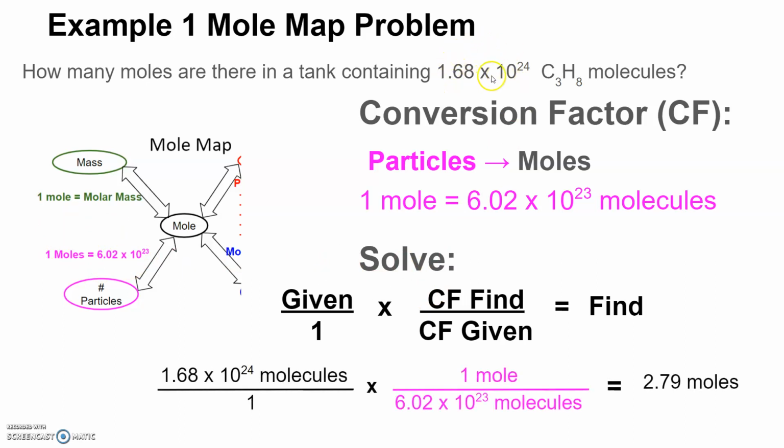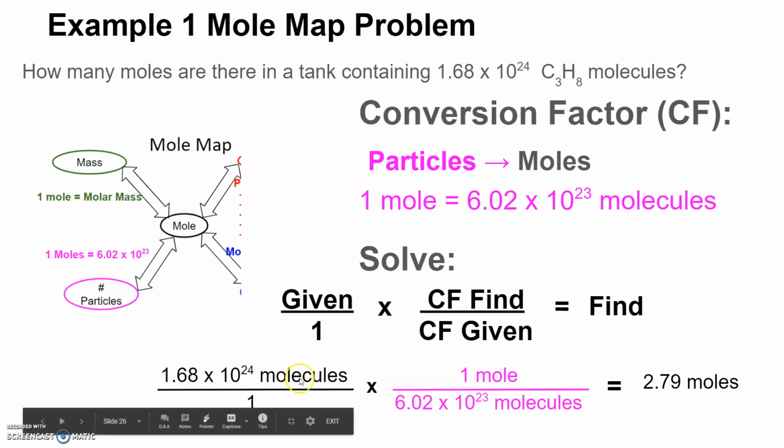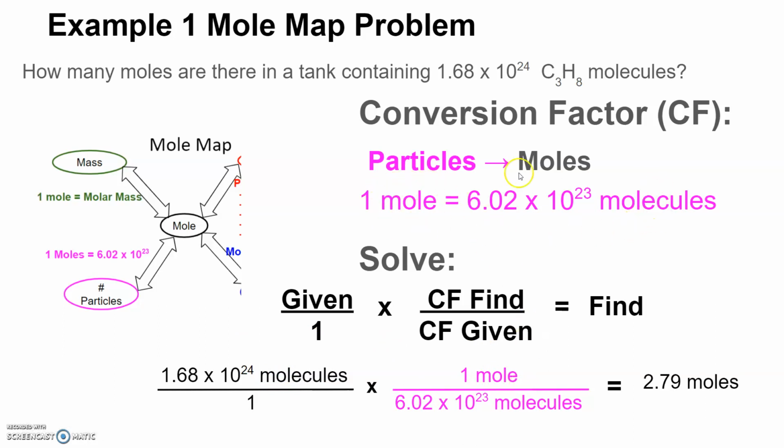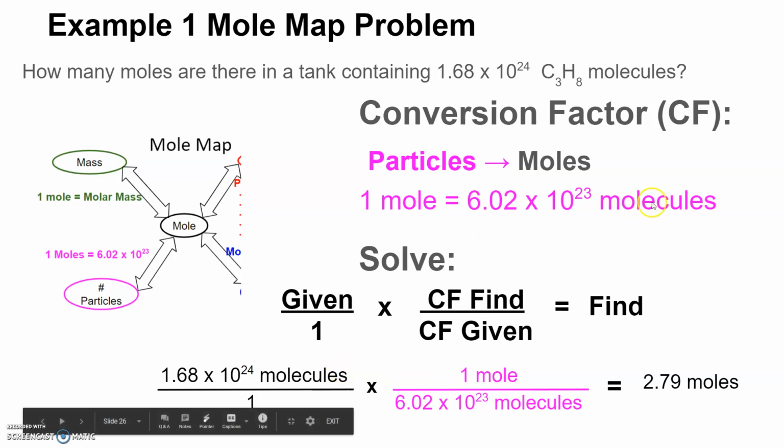We're given 1.68 times 10 to the 24 C3H8 molecules, and I put that over 1. So always start with that. Then this second fraction is going to come from this conversion factor. Now, what goes on the top and bottom? Since I'm starting off with number of molecules, I'm going to put the 6.02 times 10 to the 23 molecules on the bottom so that the molecules can cancel out.